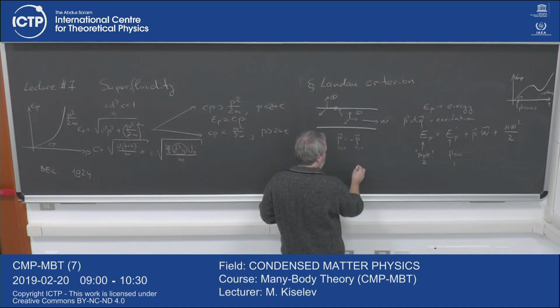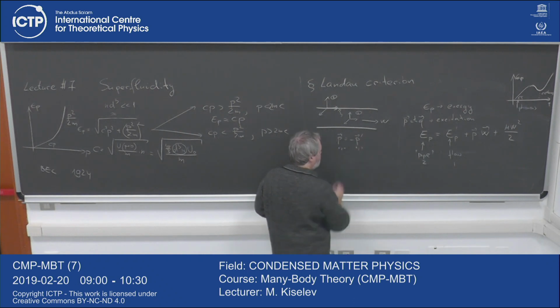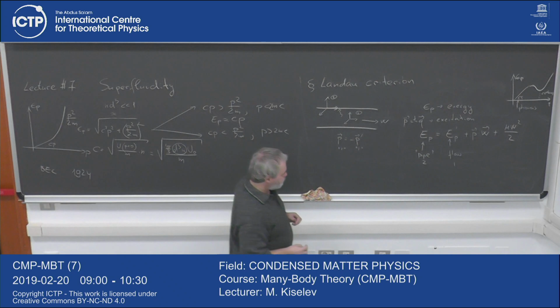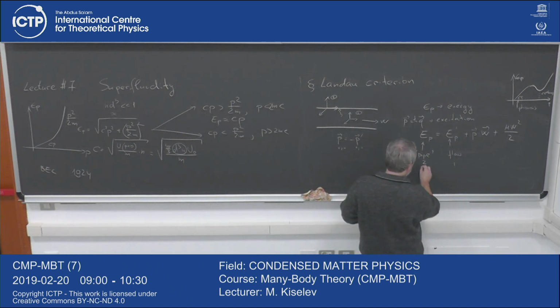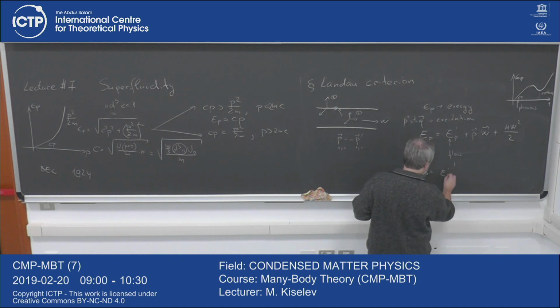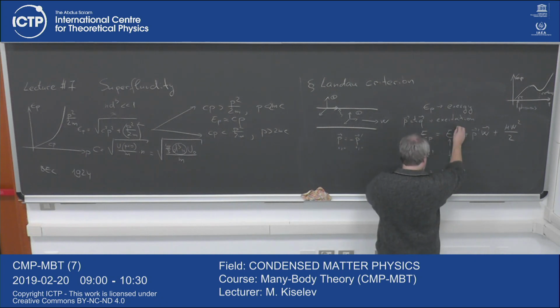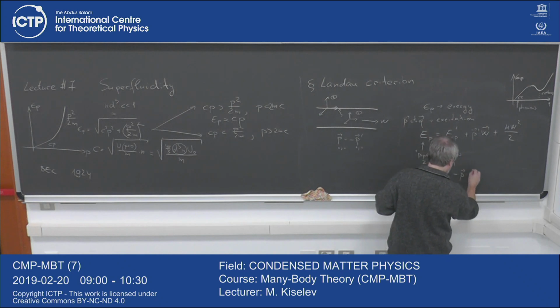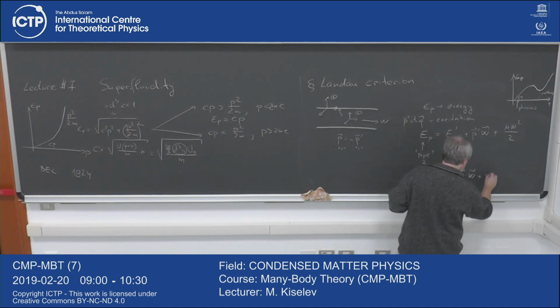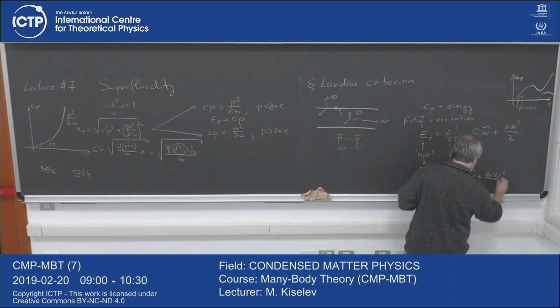Let me say it this way. Therefore, I will rewrite this criterion: epsilon(p) is equal to epsilon prime(p) minus p dot w plus M w squared over 2.